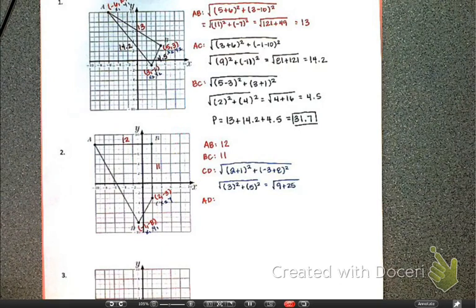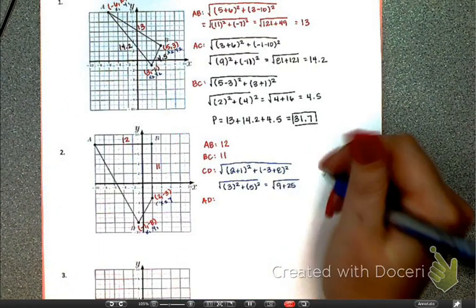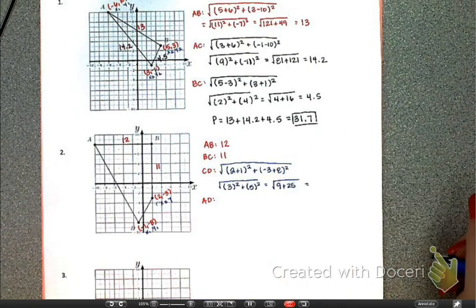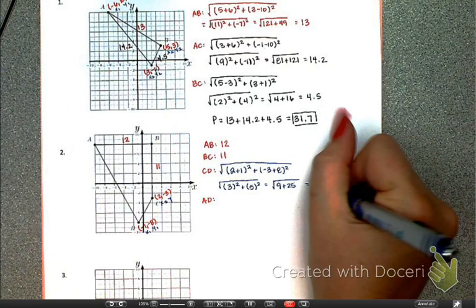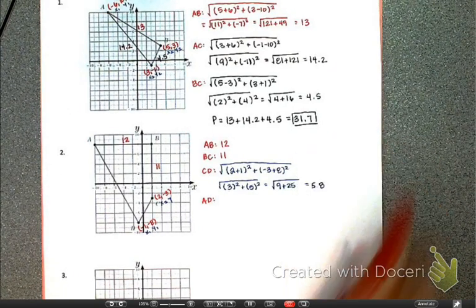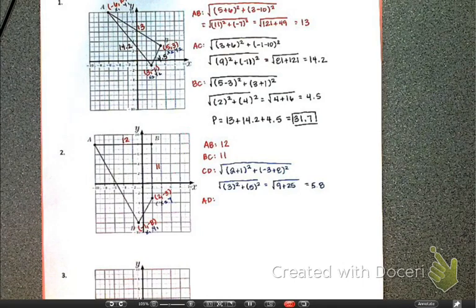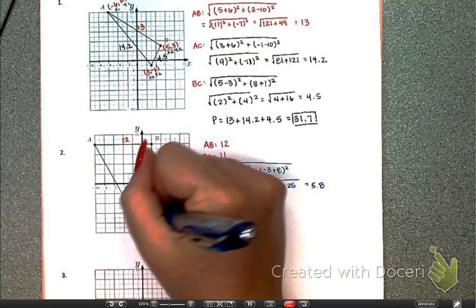And the square root of 9 plus 25, what did you round that to? 5.8 is what you should have gotten. Oh yeah, that's what I got. Okay. So this one's 5.8.